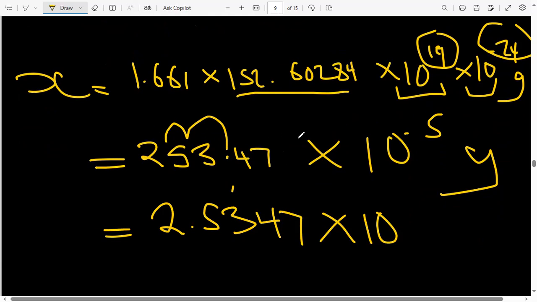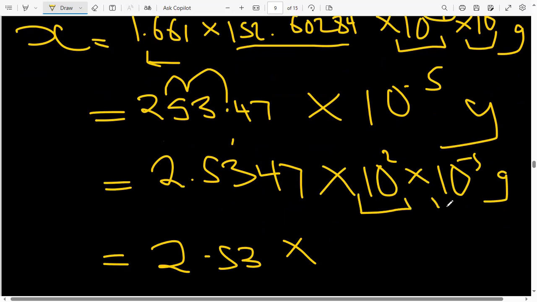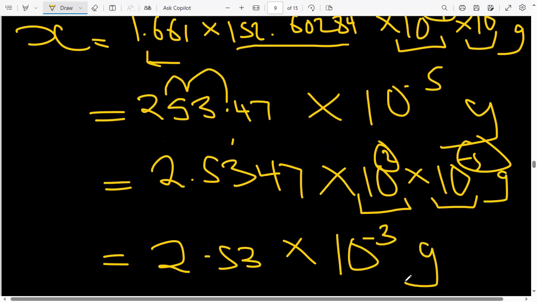I've moved 2 places to the left, so this power should be positive, and then multiplied by 10 to the power minus 5, and then I have grams. From here we are just going to have 2.53 if I round off, multiplied by... these are the same bases but with different powers, so I write one base and add these powers because we are multiplying. So 2 plus minus 5 will just be minus 3 grams.